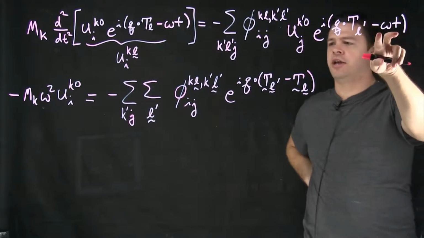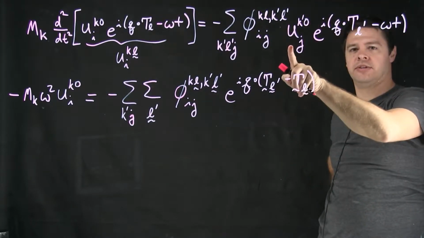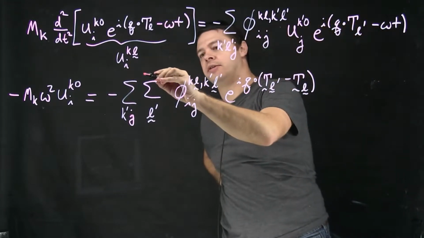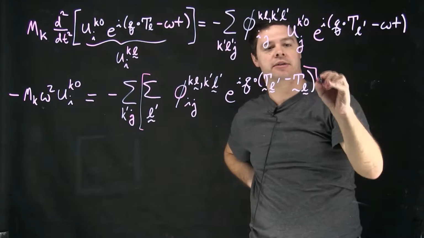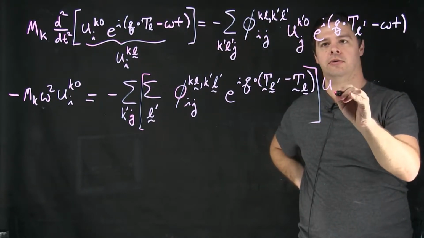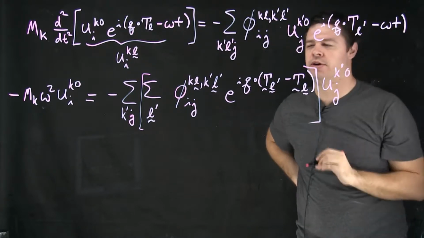And remember, these things canceled out, but the only thing that's left is this. I haven't really accounted for this thing yet. So I'm going to box this separately, and then I'm going to write u_jk'0.